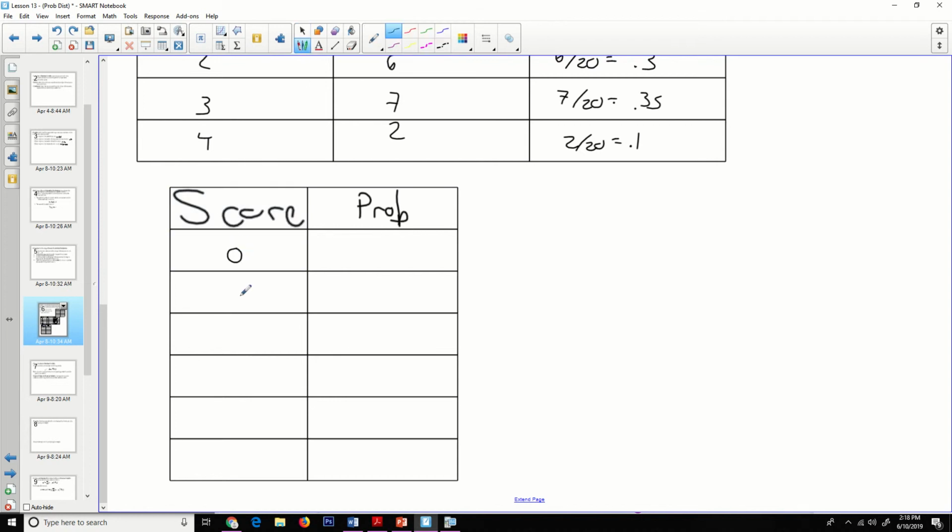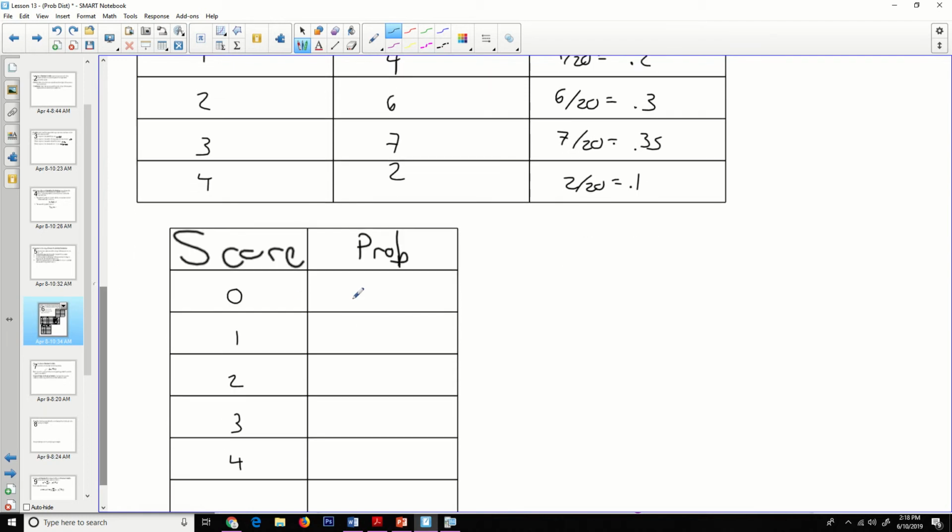All right, so 0, 1, 2, 3, and then 4, and then the probability. We got 0.05. We had 0.2, 0.3, 0.35, and 0.1, the probability of X occurring.